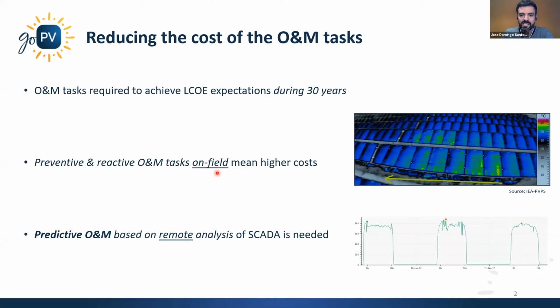And nowadays, the operation and maintenance is usually based on the schedule of on-field tasks, which is inefficient and costly. So let's say that the predictive operation and maintenance solve these problems by means of a remote analysis of the SCADA data that determines the optimum time for the on-field tasks.